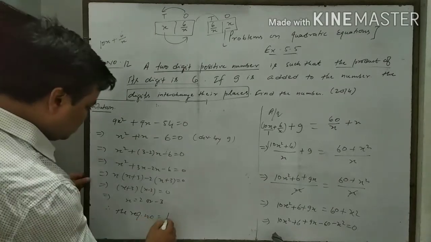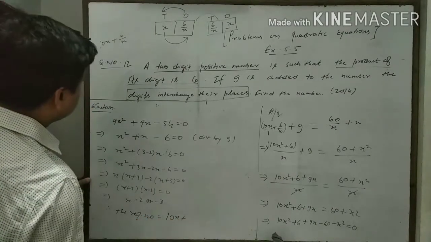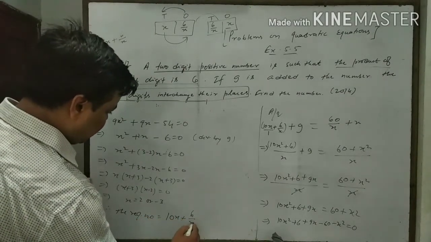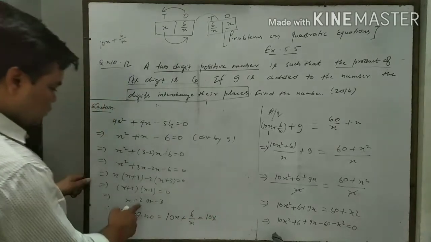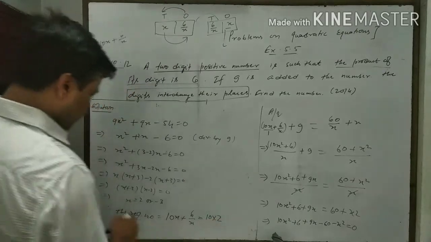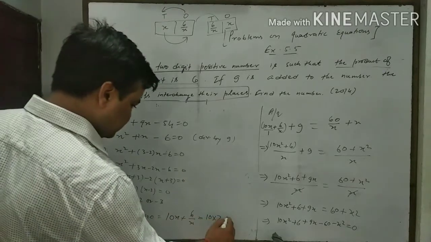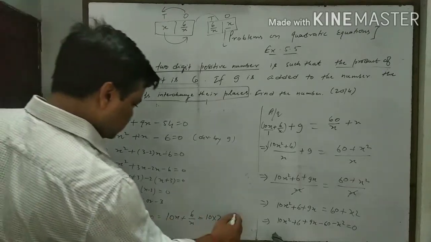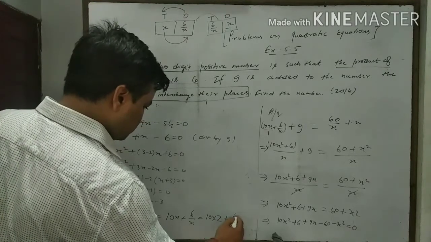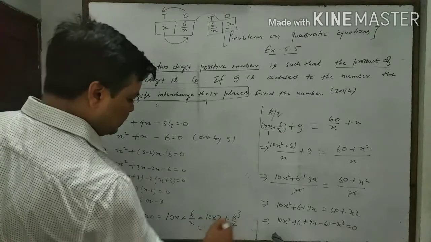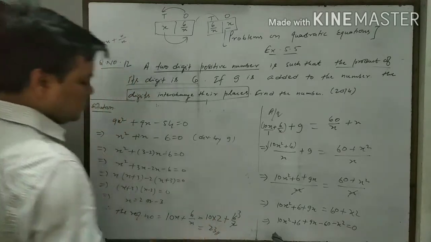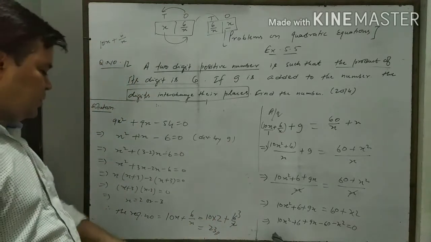So the required number is equal to 10x plus 6 by x. So here 10 into 2 plus 6 by 2, 2 threes are 6. Now 10 twos are 20 and 3, 23. Therefore the required number will be 23.